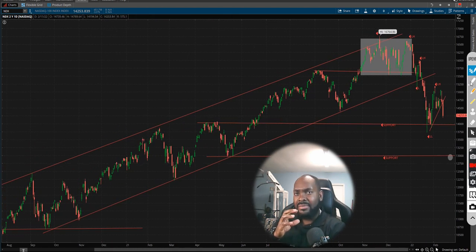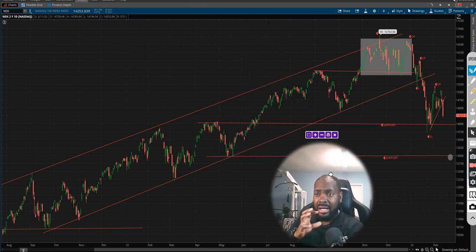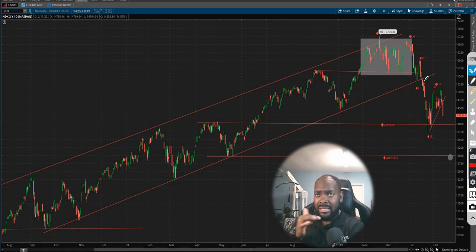All right, so as far as the NASDAQ chart goes, guys, I'd like to look at this in the same context as the S&P 500, in the sense that just like the S&P 500, NASDAQ broke its major trend, and we start looking at levels below. This was one level that I was watching, 14,500, but the major level, when I did the last video, I think we were close right here.